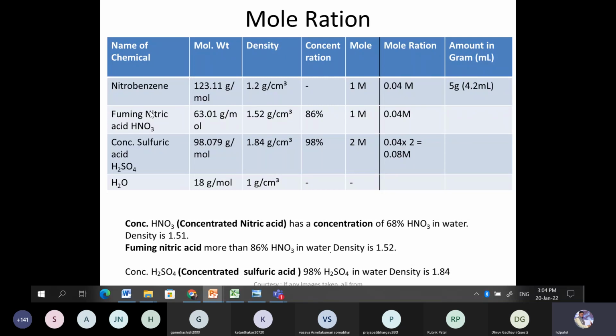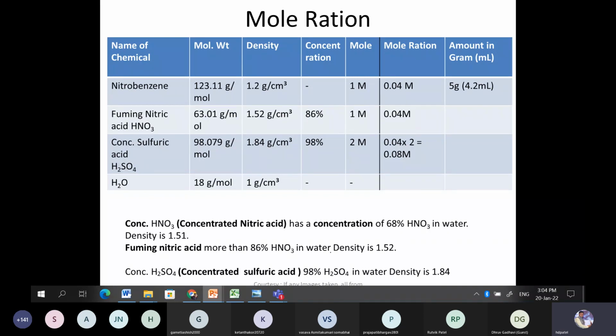Now, our substrate is nitrobenzene. So all calculation will be based on the nitrobenzene. Suppose I would like to start the reaction with 5 gram. Now, as we know, nitrobenzene is a liquid.